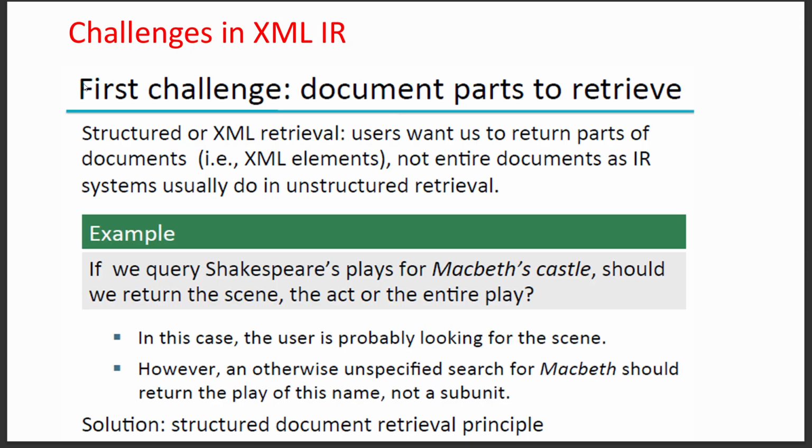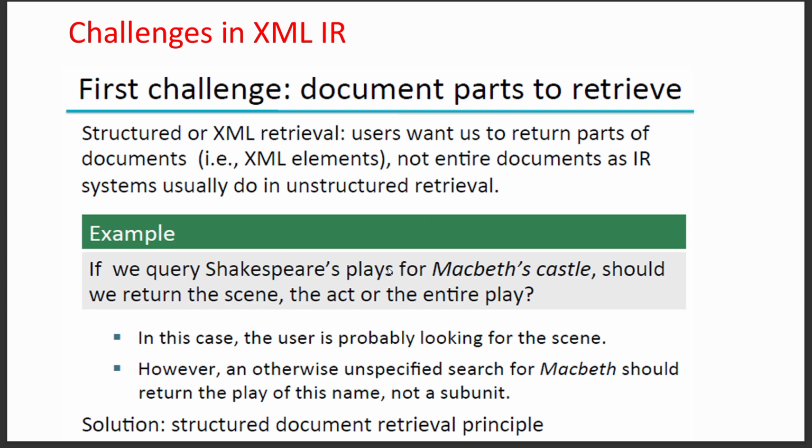Now what are the challenges when we are evaluating XML documents? When we are dealing with XML documents, what challenges do we face? The first challenge is which document parts to retrieve, so structured or XML retrieval. Users want to return parts of documents, not entire documents as IR systems usually do in unstructured retrieval.